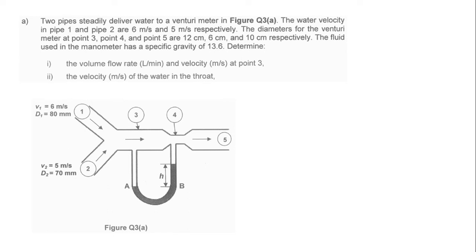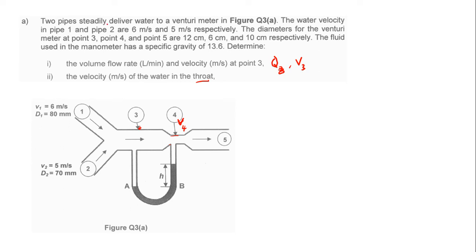Determine first the volume flow rate and velocity at point 3. So they ask you to find Q3 and V3. Q3 is at this point, and the velocity of the water in the throat, Q4, the throat here, we want to find V4.